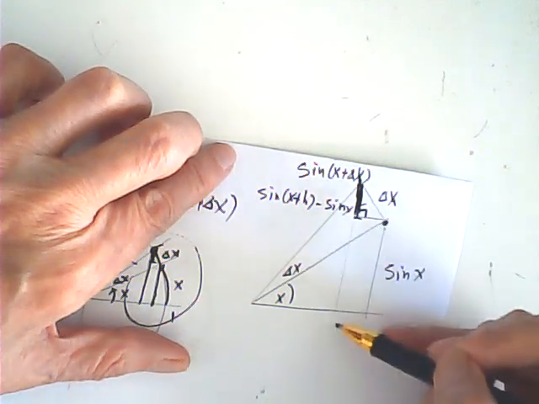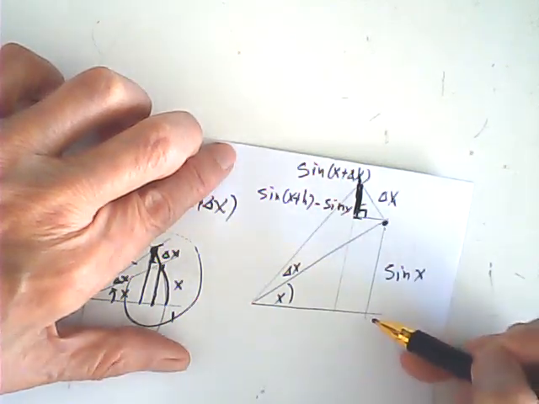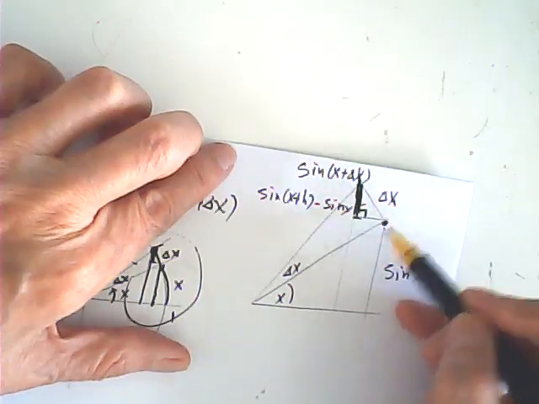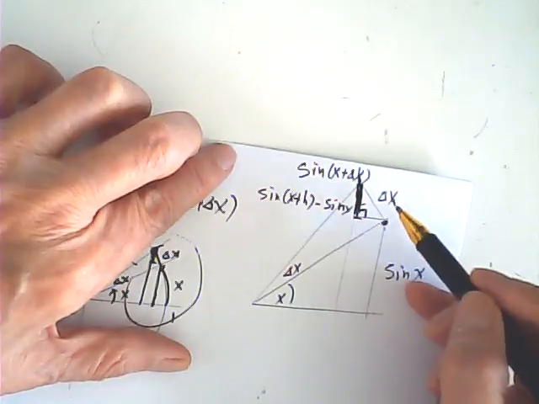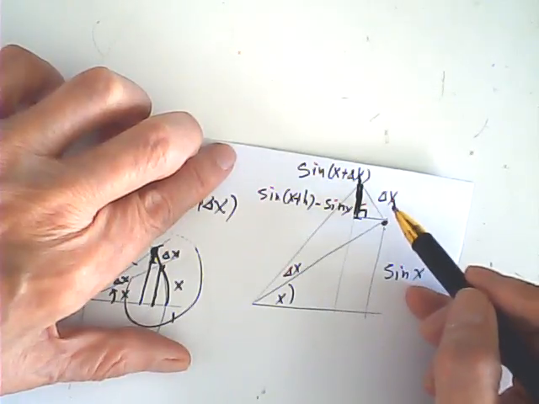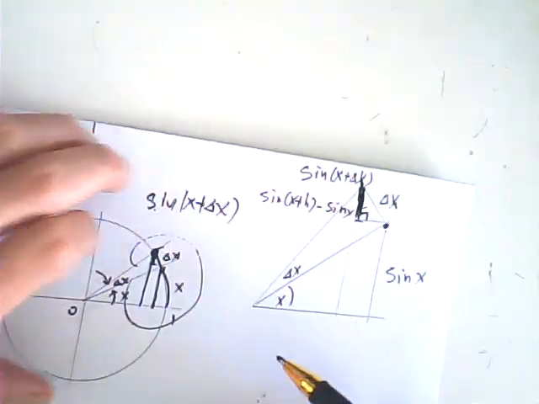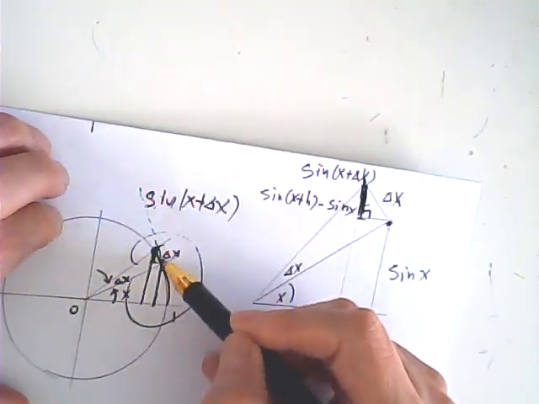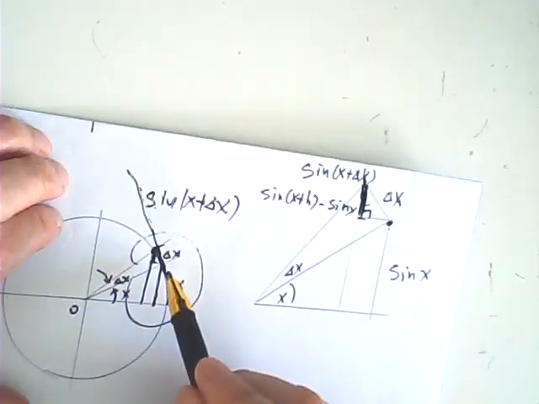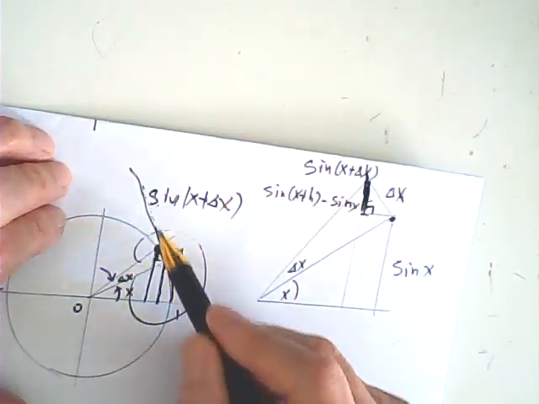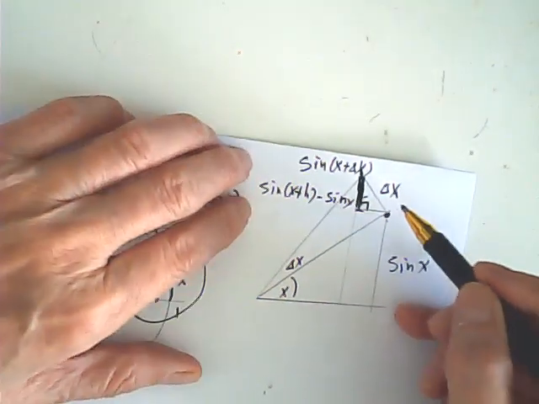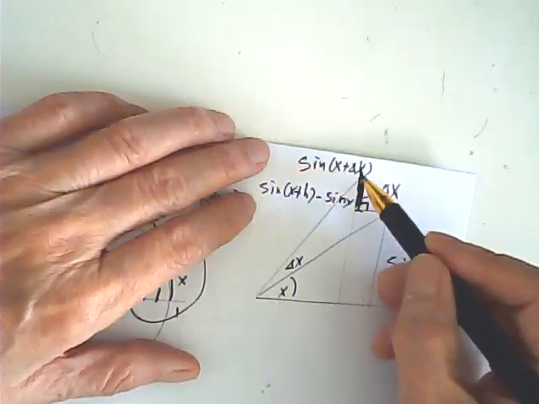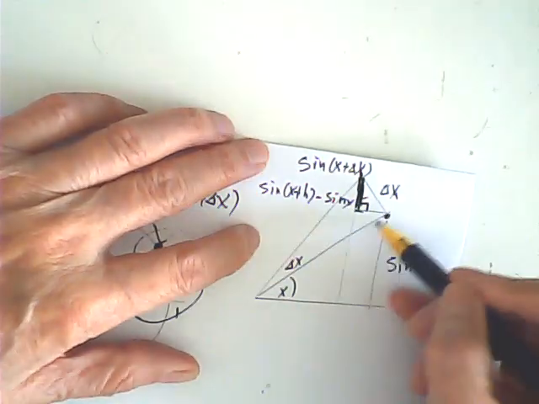This angle is formed by this and that side. This one is perpendicular to this. This line is perpendicular to this one when delta x approaches 0, because this will be tangent. When delta x goes to 0, this line is tangent to the circle. So this one is perpendicular to this one.